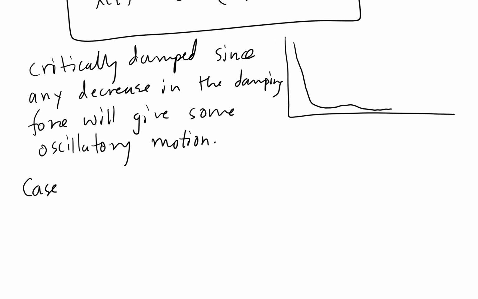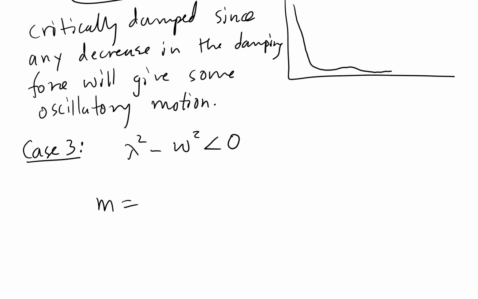Case 3. How about lambda squared minus omega squared less than 0? That means there are complex numbers involved. The roots, if you go back and pull the negative out, would be negative lambda plus or minus the square root of omega squared minus lambda squared times i.